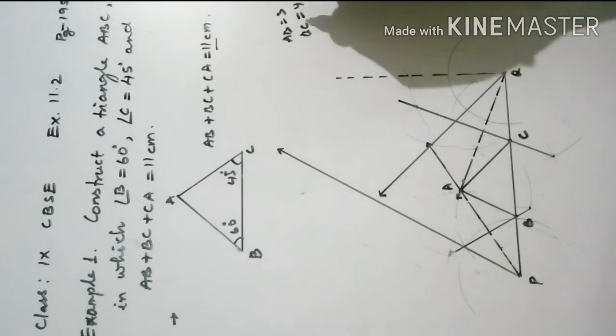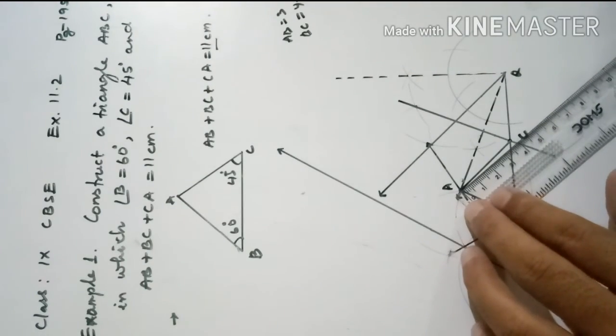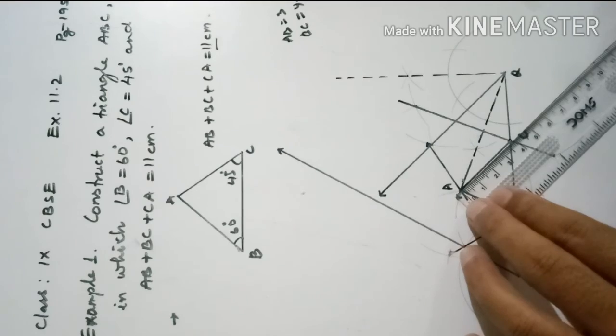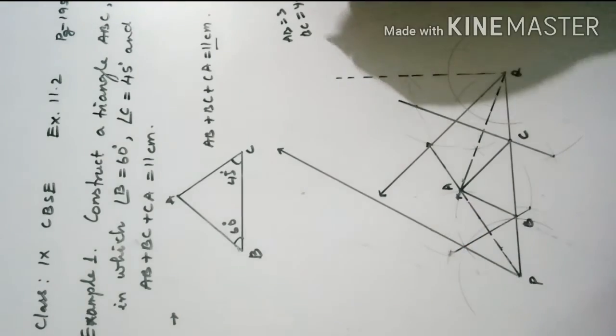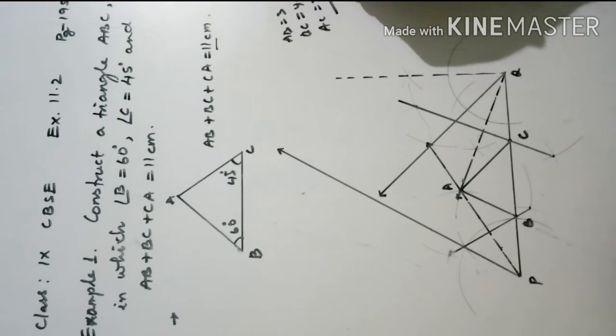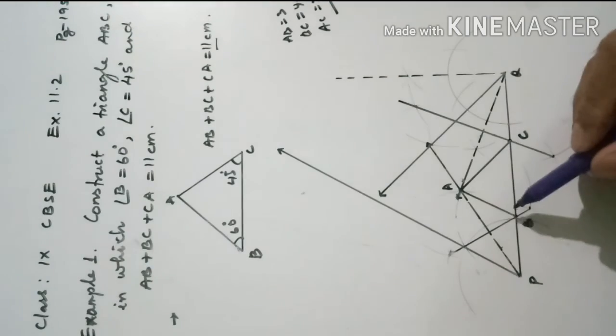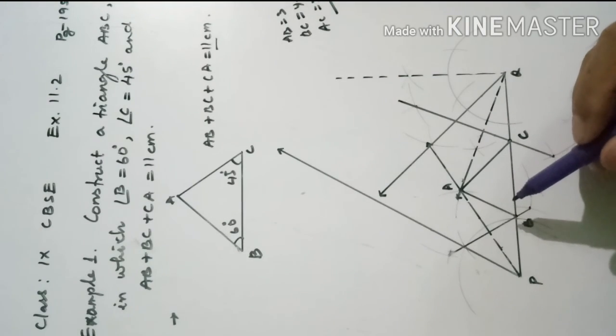BC 4.1. AC 3.9. So what is the answer now? 11 centimeter. So our diagram is correct now. And also you can verify the angle also.